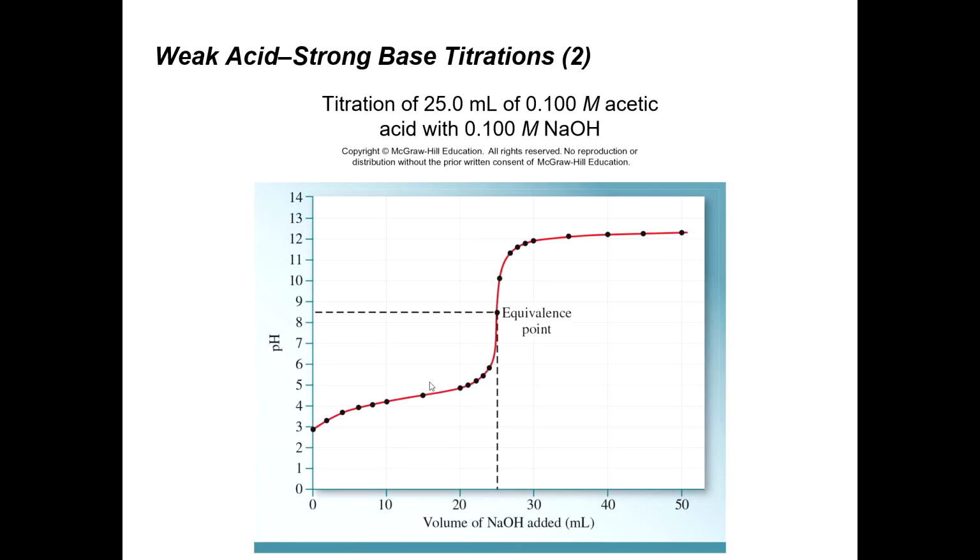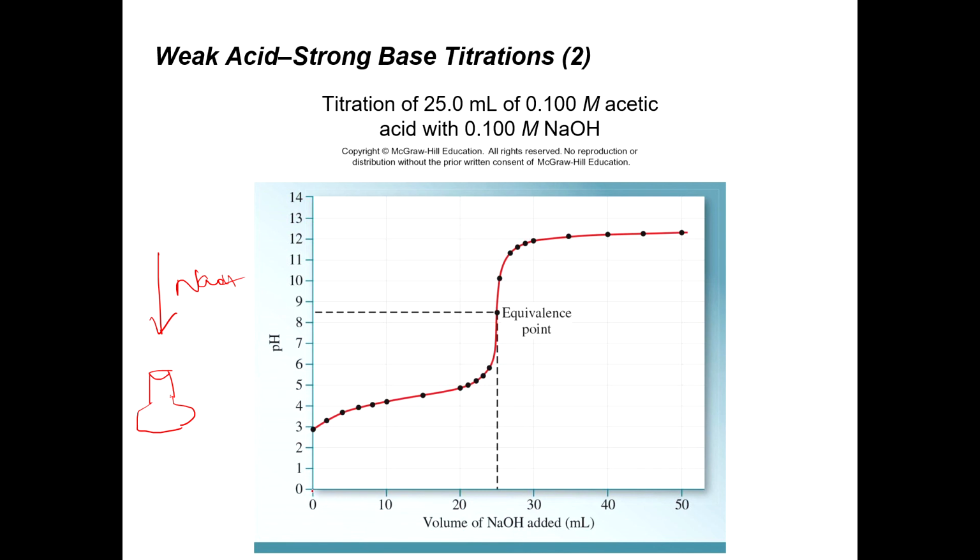Okay, so you can observe the difference here. Let's say you do a similar process: you take your weak acid in your flask and keep on adding your strong base to your flask, and you record the base volume on your x-axis, how much you're adding, and then you're measuring your pH.